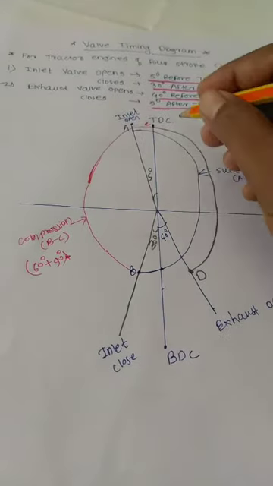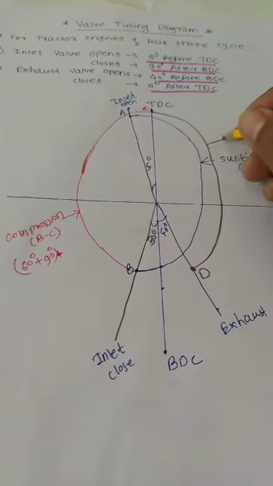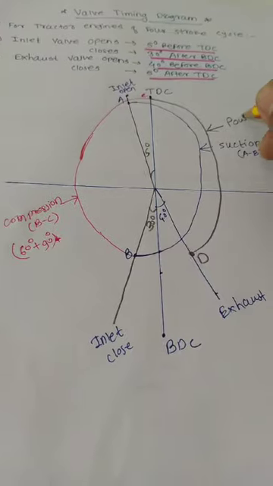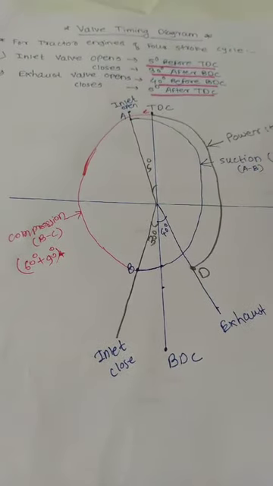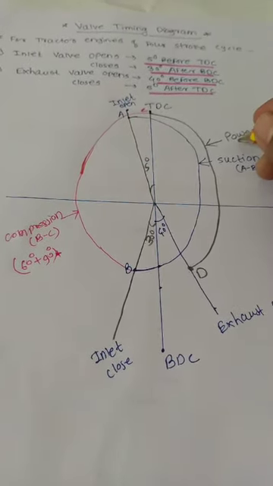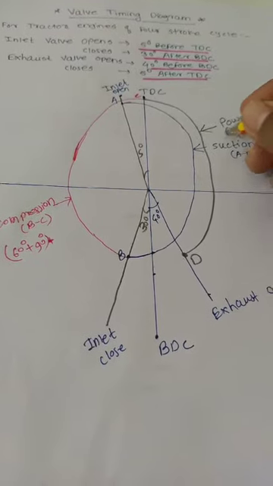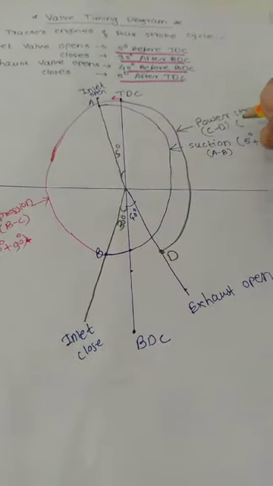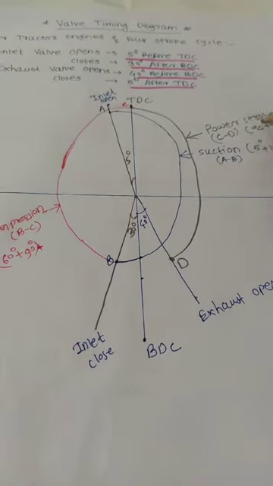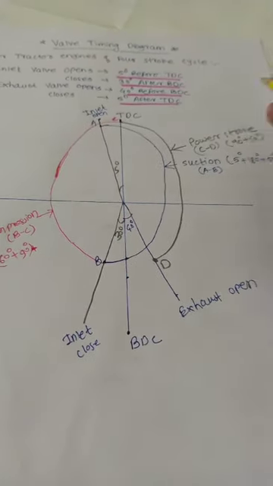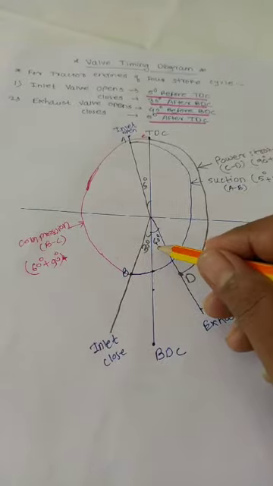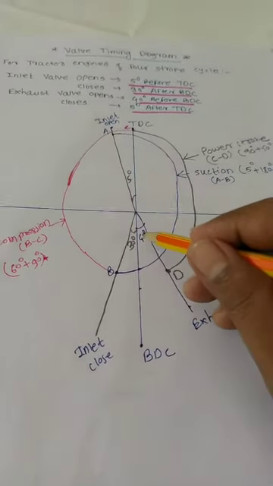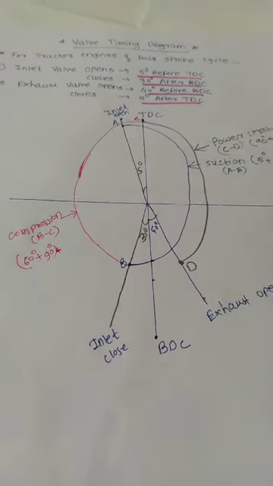So this is our third stroke, the power stroke, from C to D, and the angles are 90 plus 50. Why 50 here? Because 40 degree before means 90 minus 40, which is 50, plus this 90.